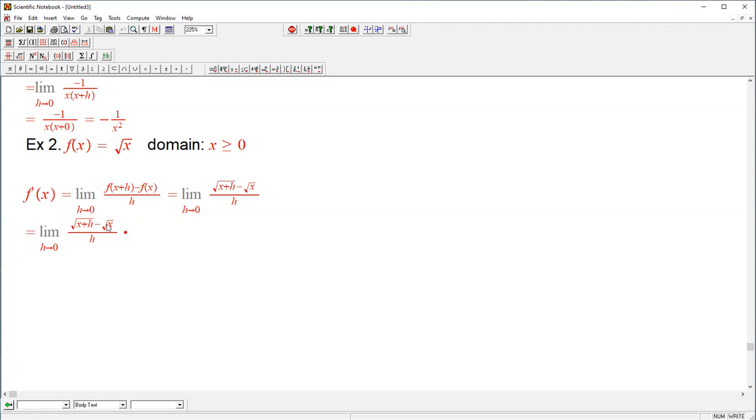The conjugate of the numerator, so right here the subtraction becomes plus. Same numerator divided by the same denominator, the same quantity. So that's multiplying by 1. Principle number 1 is used.